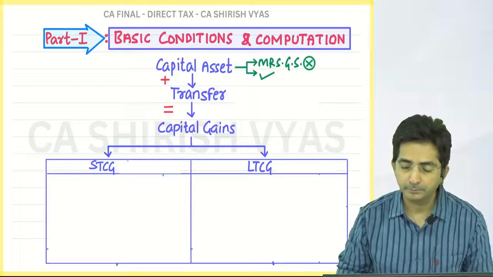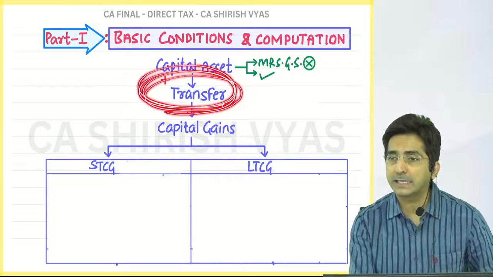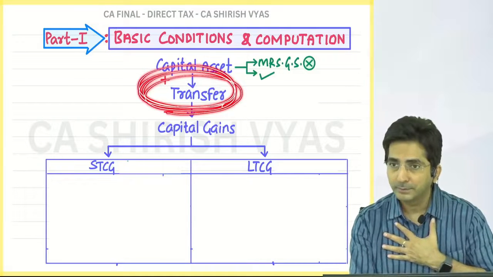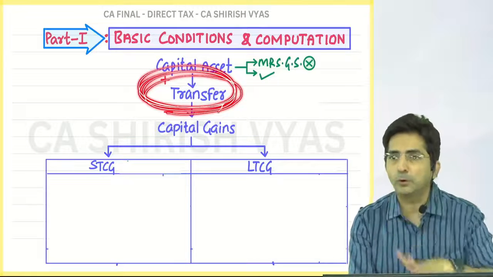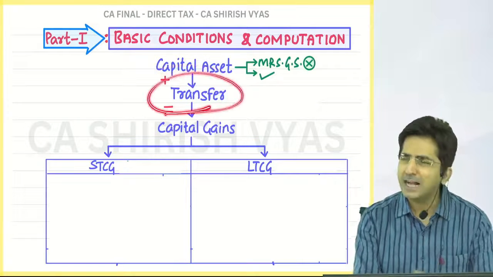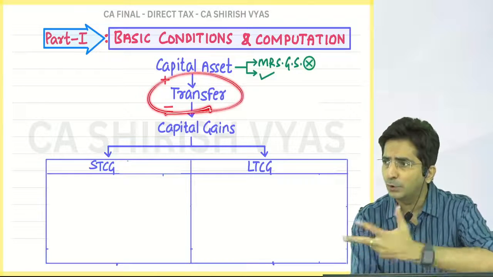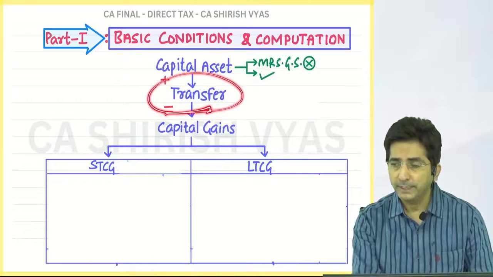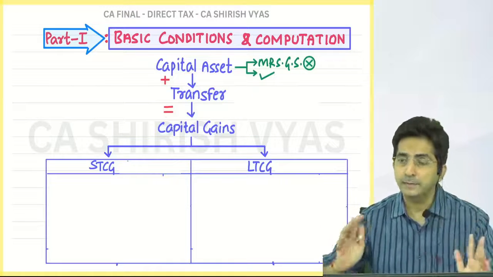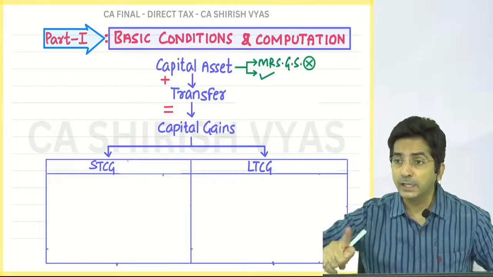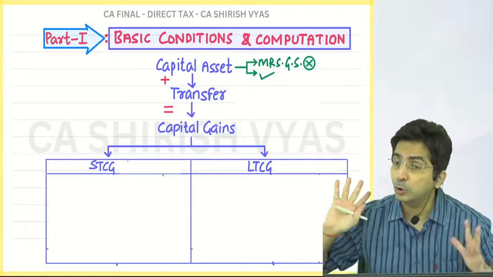Now, what is the definition of transfer? First, I will give my version, then I will give the government's version. My version will help you a lot. Transfer means any transaction where there is a change in the ownership. Whenever ownership changes, it becomes a transfer. This criterion will help you understand conceptually.